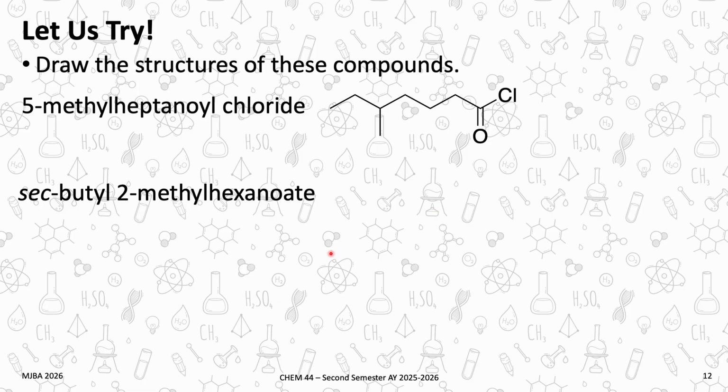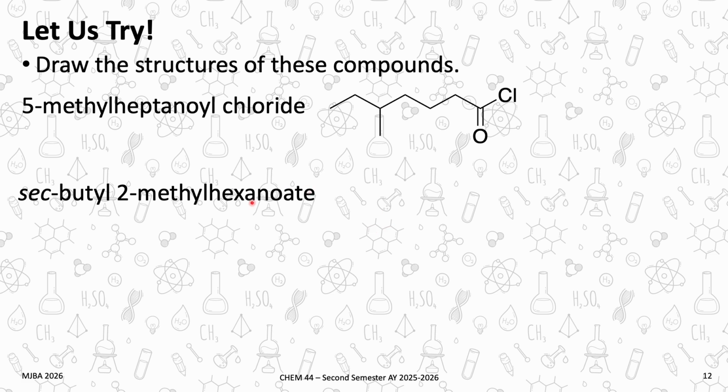So this is, by the name, the functional group is actually an ester. And in an ester, the first alkyl group that we name is the R group on the OR. And this means that the second part of the name is the carboxylic acid base form.